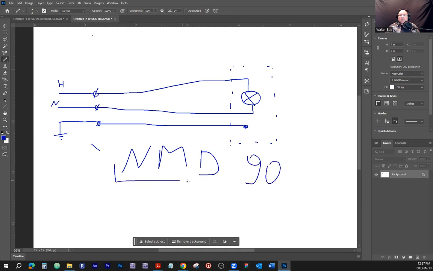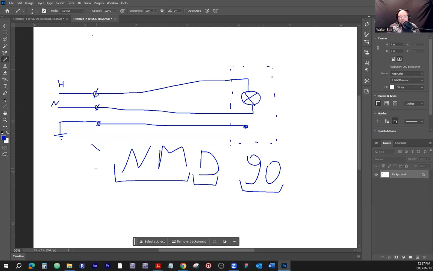The NM stands for non-metallic, the D stands for dry, and 90 stands for 90 degrees Celsius. So it's non-metallic jacketing. It's supposed to be installed on non-metallic surfaces.